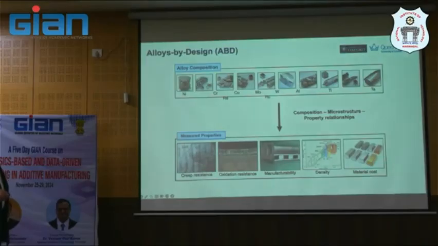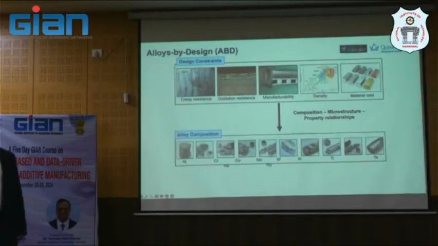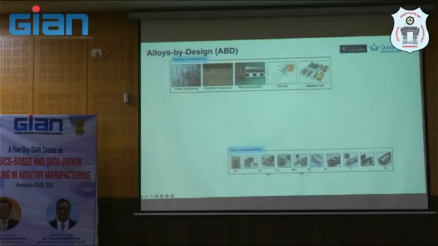And you have the composition-material property relation. But the alloy by design framework is a bit different. We want to understand the design constraints backward, and then work out what composition gives rise to these properties. It is a kind of inward design.